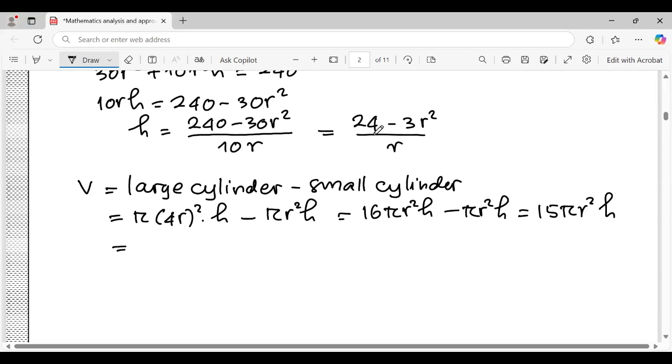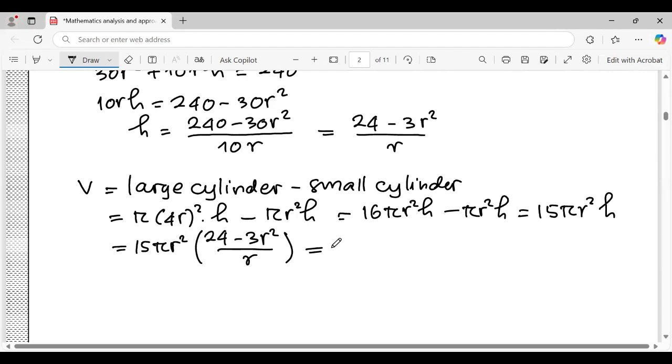After that, substitute h equals 1 into this h: 15 pi r squared times 24 minus 3 r squared over r.